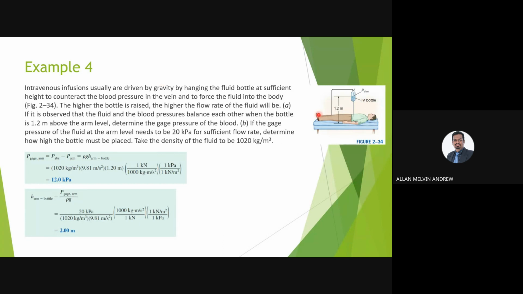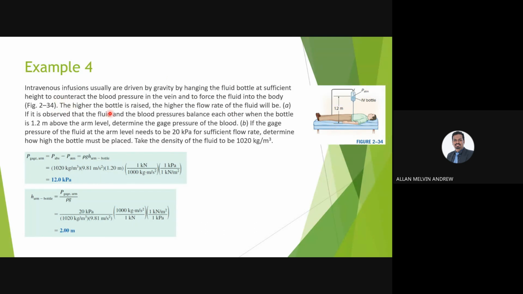So we have a specific setup and specific height for you to hang the fluid bottle, for it to counter-react the blood pressure and force the fluid into the body. That's the principle behind it.